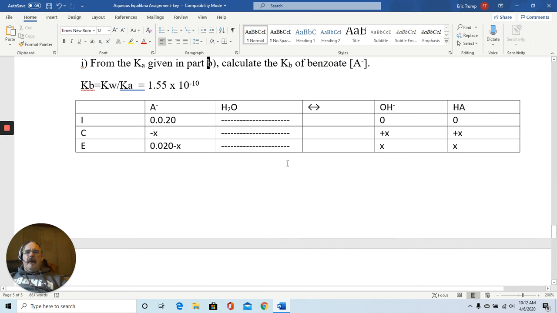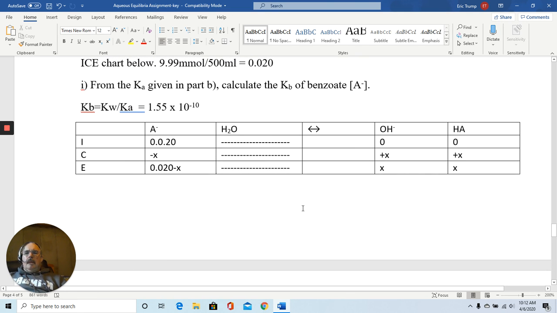Then we would enter that in our ICE chart. Then we need to calculate Kb for benzoate. This is Kw divided by our Ka, which we had earlier. So that's 1.55 times 10 to the minus 10th.